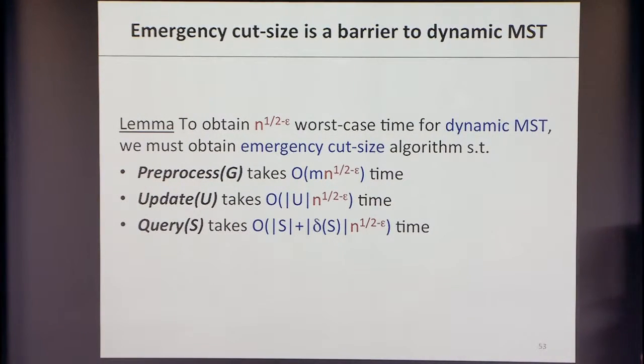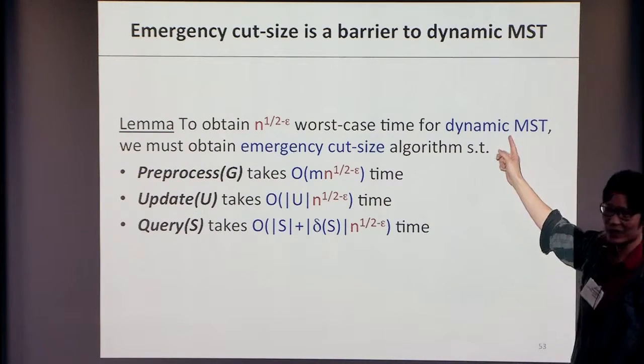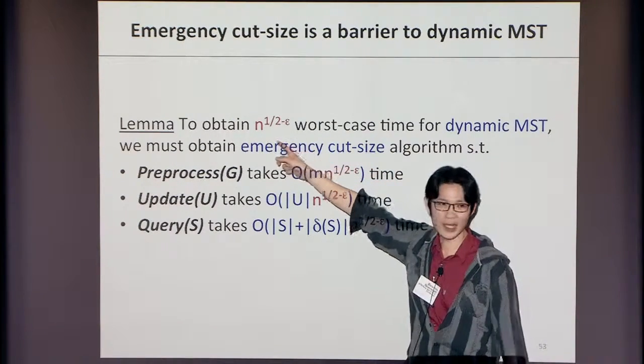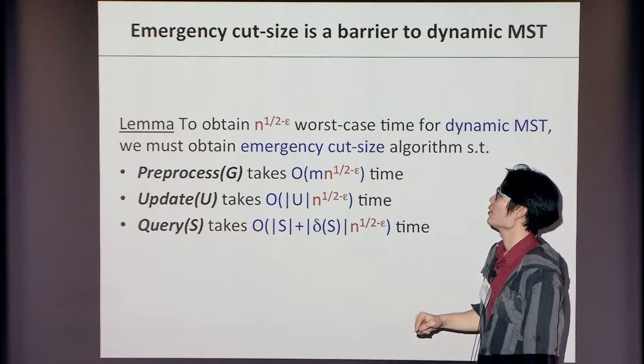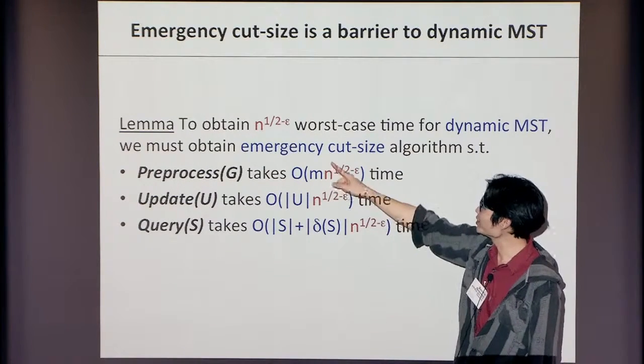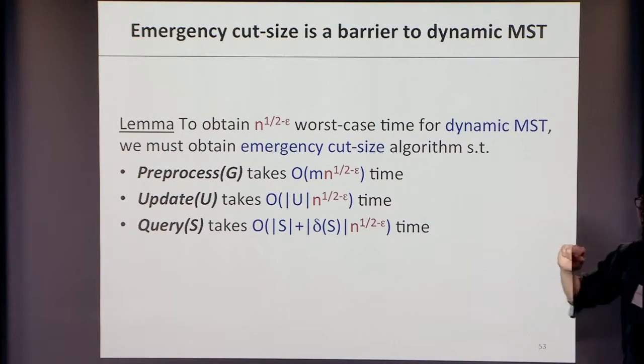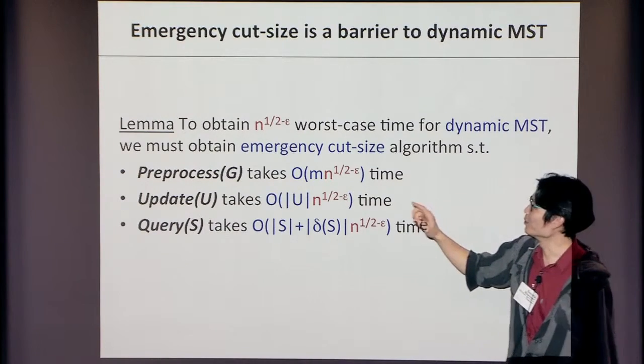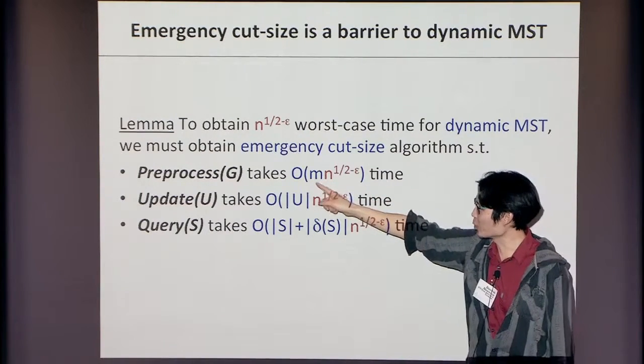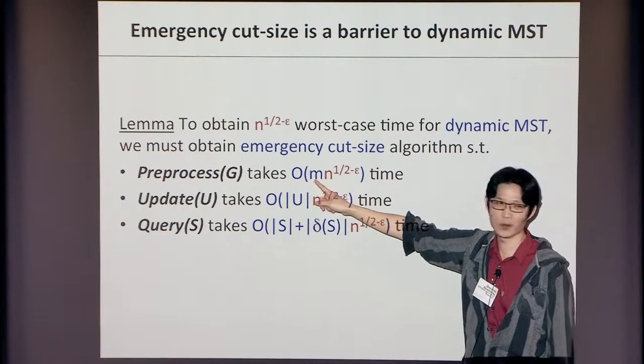So here's the lemma. If you want to solve dynamic MST with this running time, n to the 1/2 minus epsilon, then we must obtain emergency cut size oracle with the following running time. Again, for the preprocessing, the best possible is linear time, O(m).